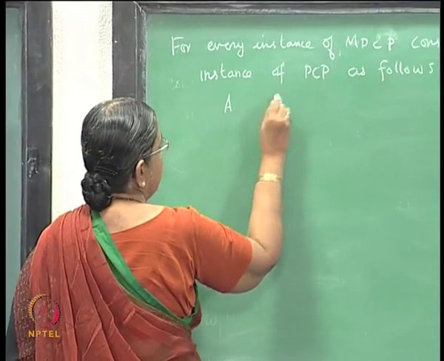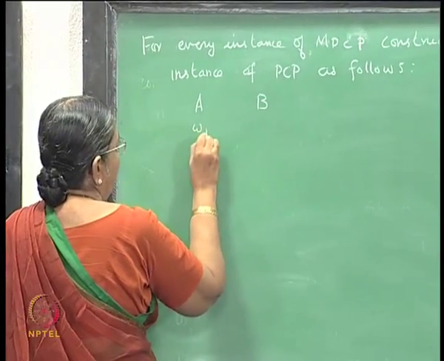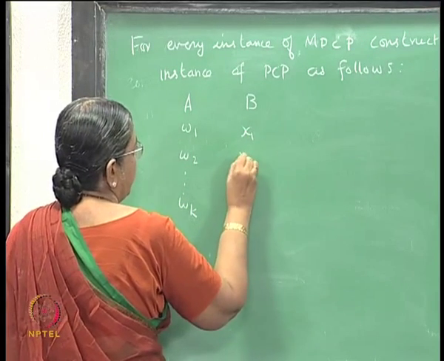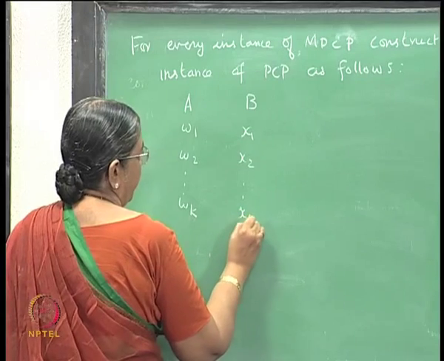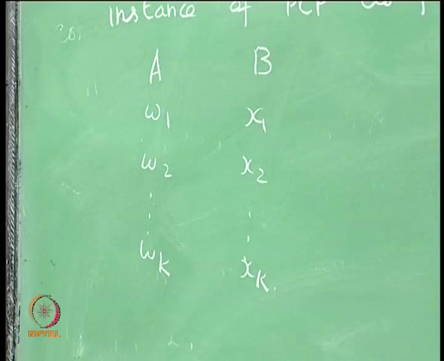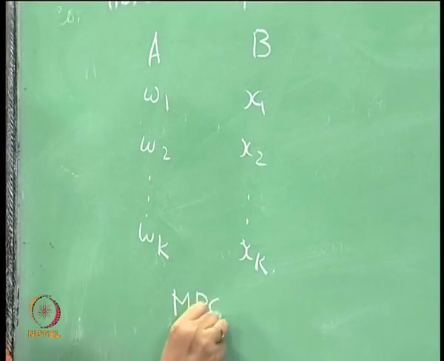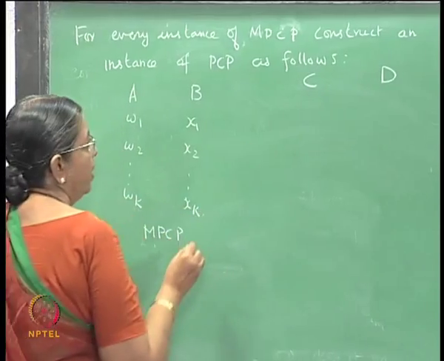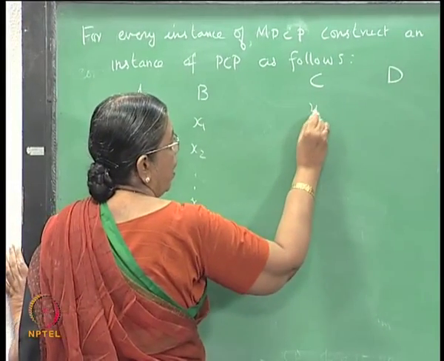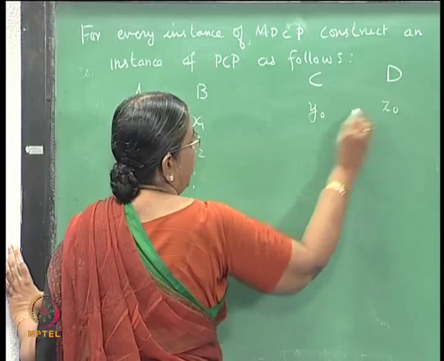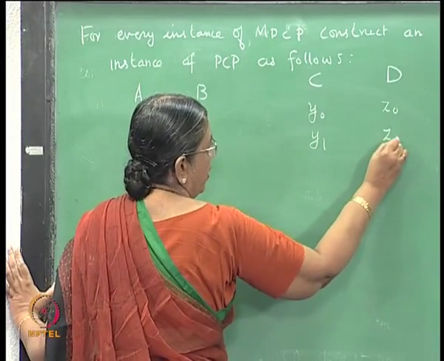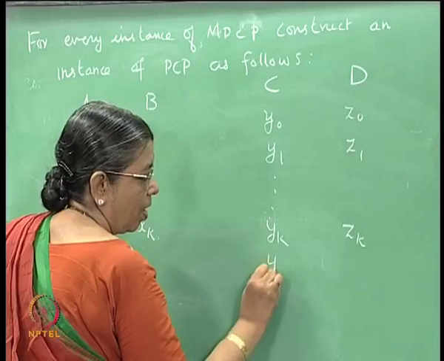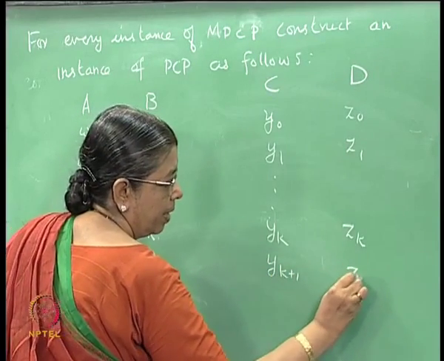Now, you have two lists A, B: W1, W2, ..., WK and X1, X2, ..., XK. This is the instance of MPCP. From this you construct two lists C and D. The strings are Y0, Z0, Y1, Z1, ..., YK, ZK, YK+1, ZK+1.